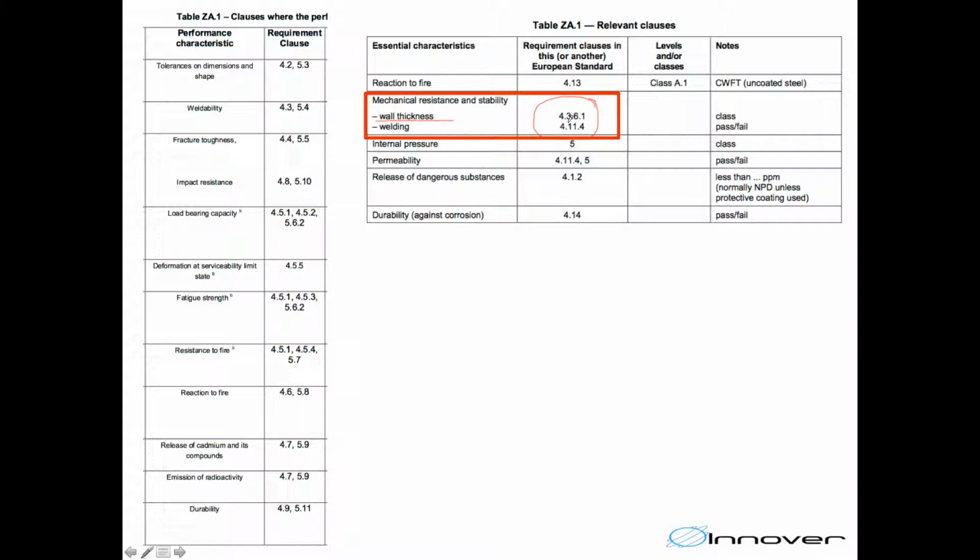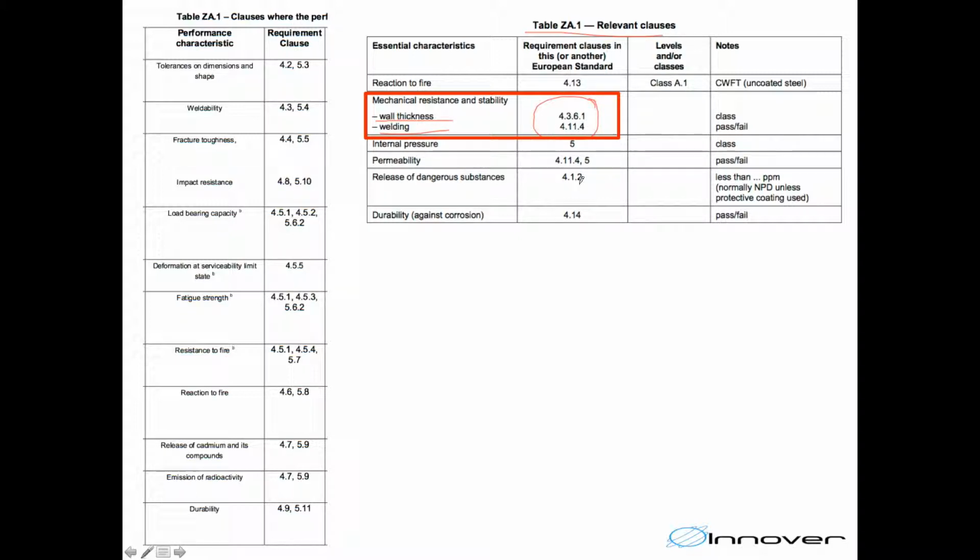In this case, it would be section 4.3.6.1 of this harmonized standard, where we have this appendix ZA. And then for the welding, how to determine the welding, we would have 4.11.4.